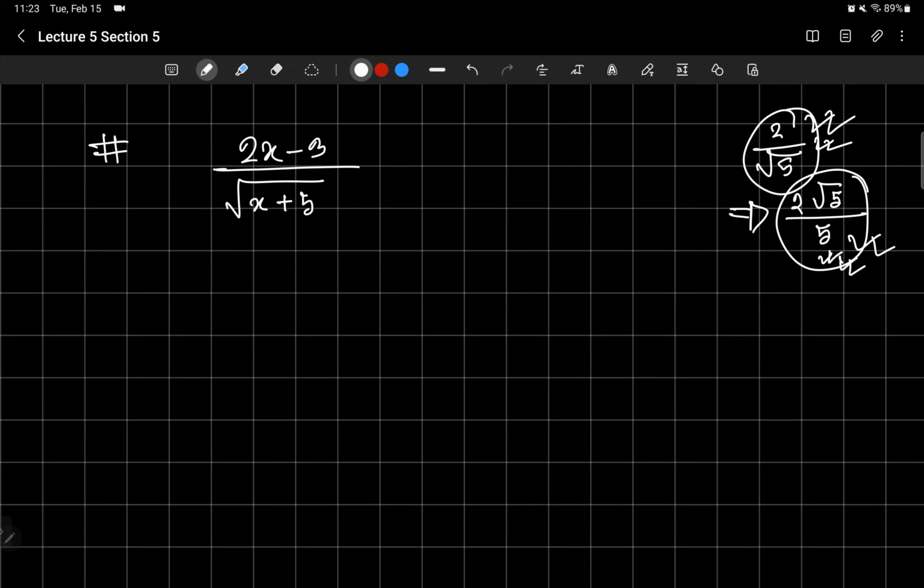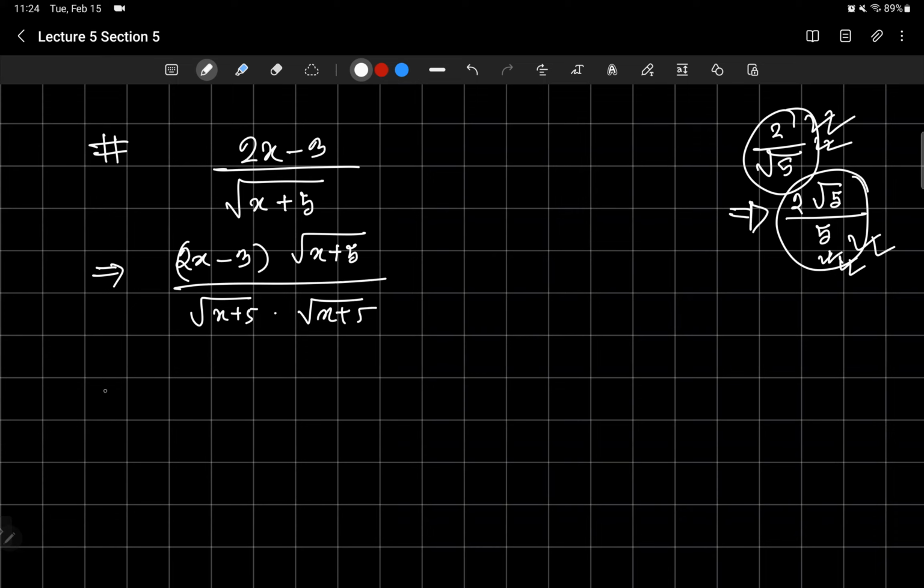So this process is called rationalization. Whenever you see some sort of irrational thing in the denominator, just take the denominator and multiply both the numerator and denominator of the fraction with that thing. The idea is to get rid of the roots or square roots present in the denominator.